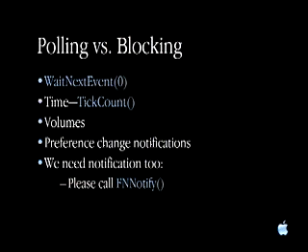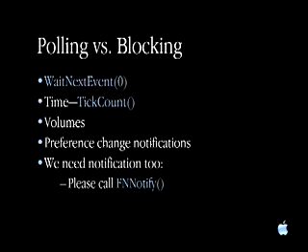Okay, polling versus blocking. I'm sure you've heard this a lot in various talks. I'm going to talk a little bit about some of the more atypical situations in which you find polling affecting performance. Wait next event is actually pretty typical, but the fallout of using wait next event 0 is where we sometimes see some problems.